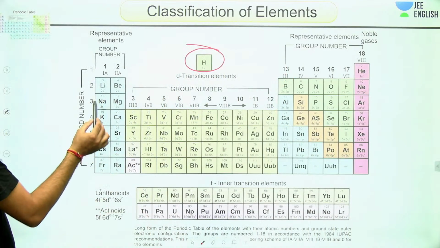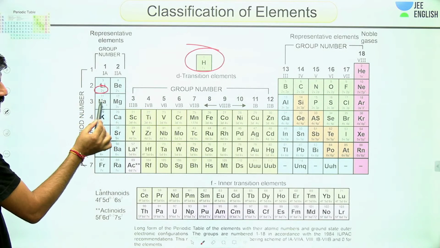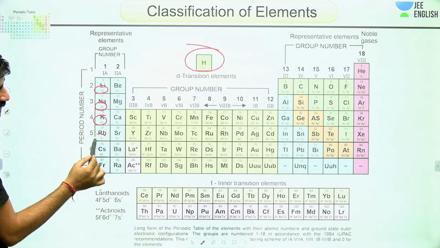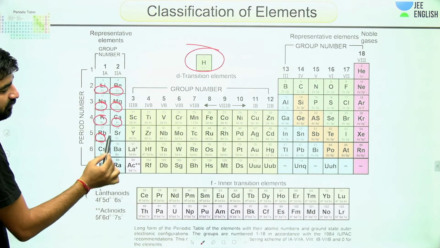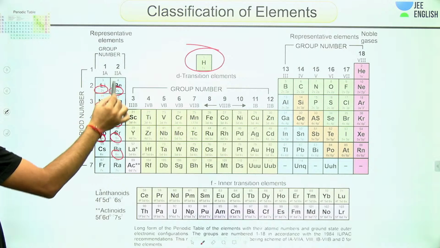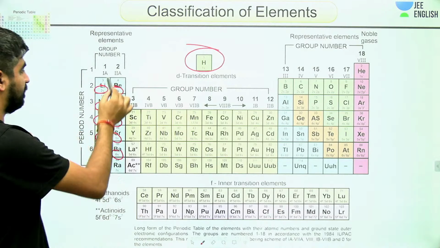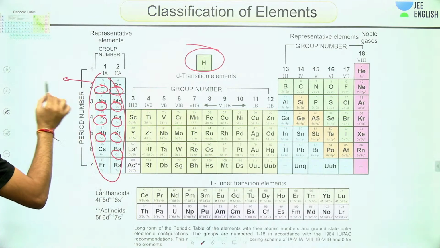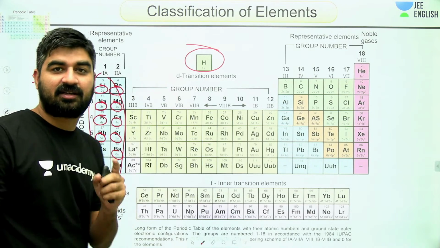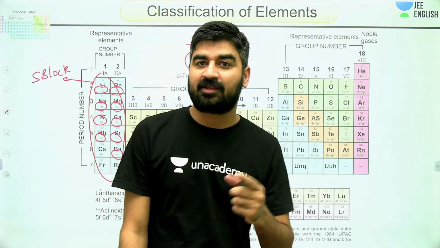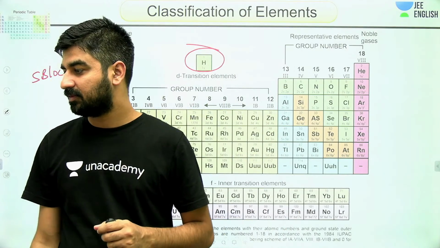So here you can see guys, we have 2s1, 3s1, 4s1, 5s1, 2s2, 3s2, 4s2, 5s2, 6s2. So what is going on? These elements are called S block. Why? Because the last electron enters into the S orbital, right?